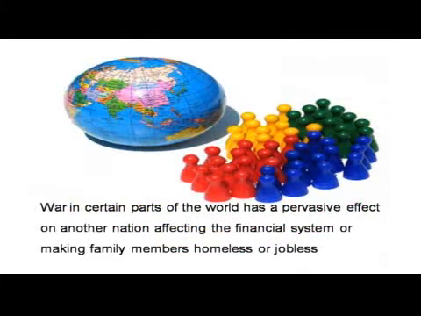It could also be war or natural disaster. Events like war in certain parts of the world have a pervasive effect on all parts of the globe, affecting the economy of another nation or making family members homeless or jobless.